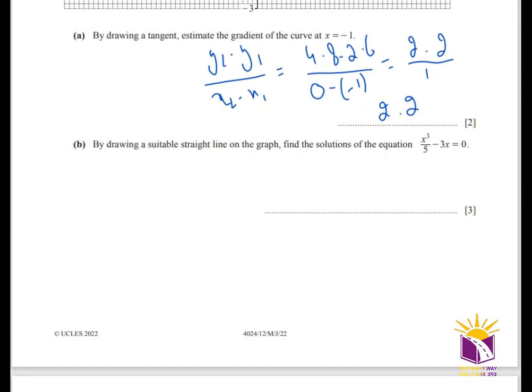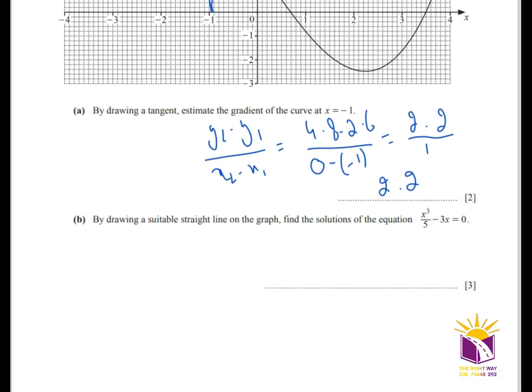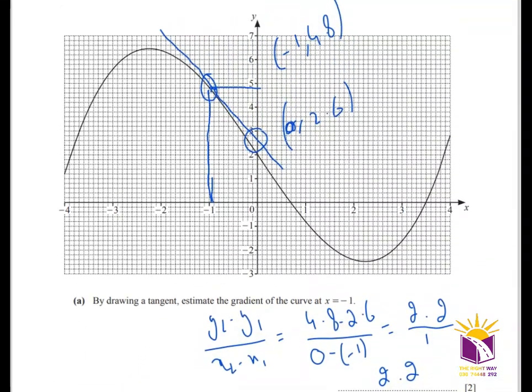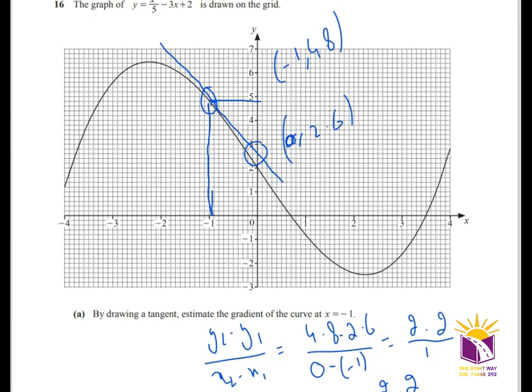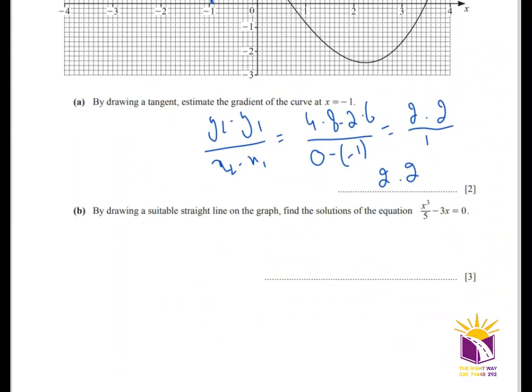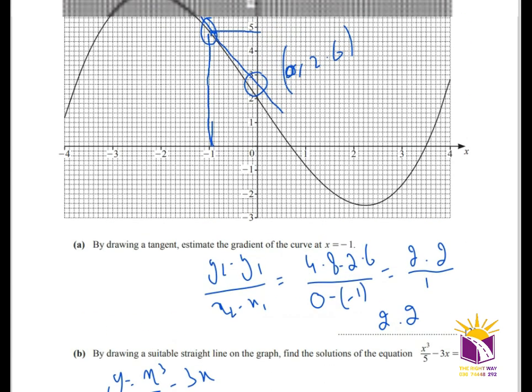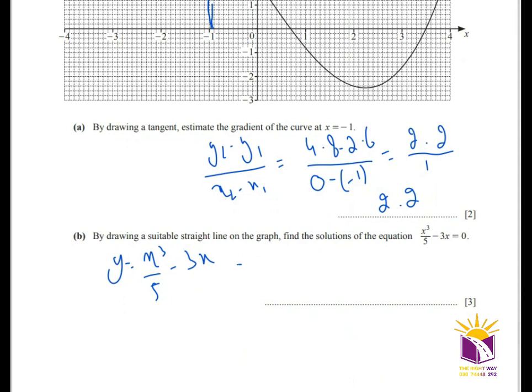Part B. By drawing a suitable straight line on the graph, find the solution of the equation x cubed over 5 minus 3x is equal to 0. So x cubed over 5 minus 3x equals 0, and I know that my equation is y is equal to x cubed over 5 minus 3x plus 2.